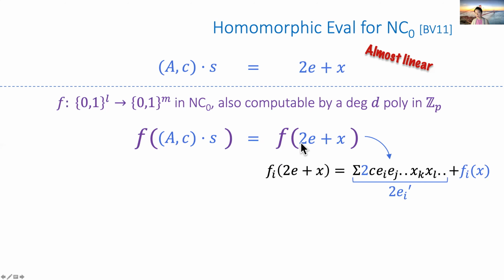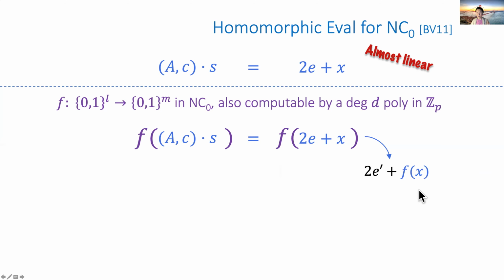On the right-hand side, note that this function f actually contains many output elements, and each of the output elements is some degree D polynomial evaluated on 2e plus x. This itself is simply evaluating f_i on input x with some additional terms that all depend on e. All of these terms must be even because the noise is even. In other words, we can rewrite this sum as 2 times some other noise, e_i prime. This means that the right-hand side simply equals f(x) plus 2e prime.